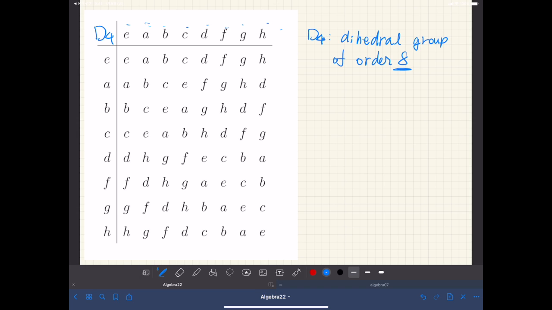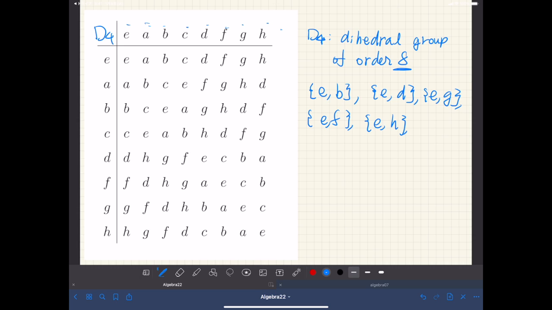And I will tell you the answer. The proper subgroups are these: {E, B}, {E, D}, {E, G}, {E, F}, and {E, H}.